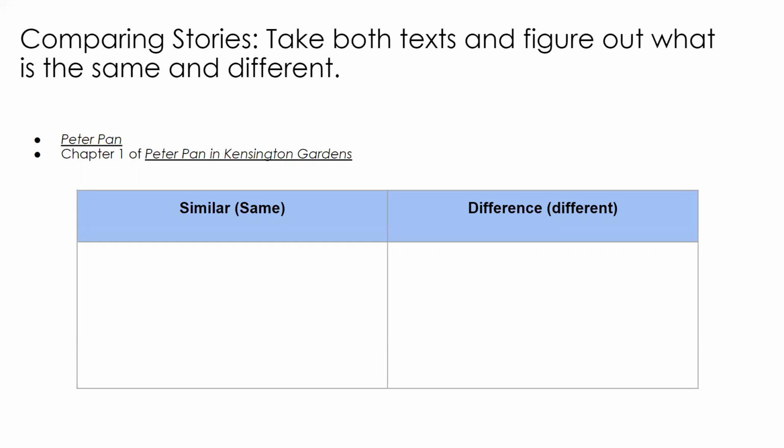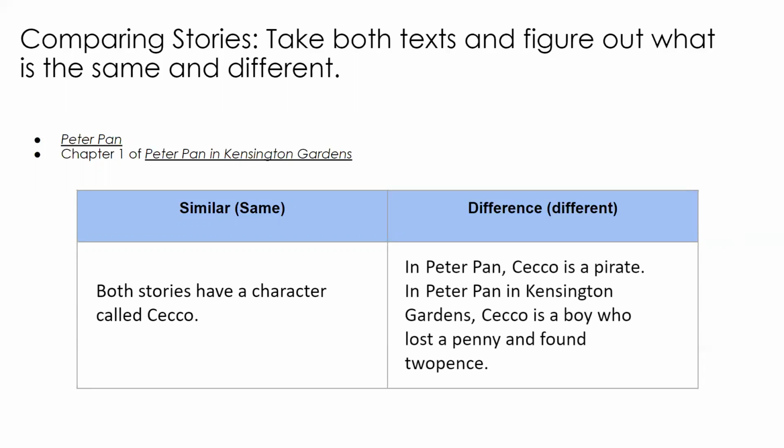Are they the same characters? Is there the same setting, motivation, character actions? Oh, that's right. Both stories have a character called Cecil. But in Peter Pan, Cecil is a pirate, and in this text, in Kensington Gardens, Cecil is a boy who lost a penny and found 2 pence. So that's something that's the same, but also different between the two texts.